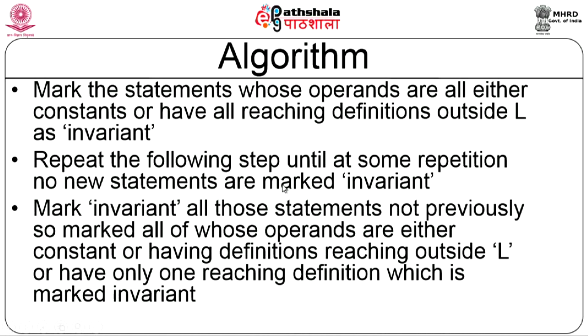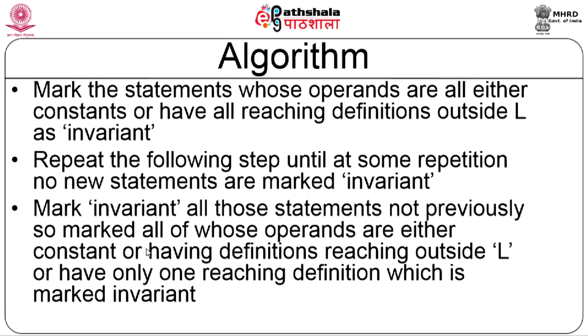So, mark invariant all those statements not previously marked, all of whose operands are either constant or having definitions reaching outside L or having only one reaching definition which is marked invariant. So, here you are looking at an indirect scenario where some statements have already been marked invariant, and you can consider new statements as invariant where their only reaching definition is already marked as invariant.